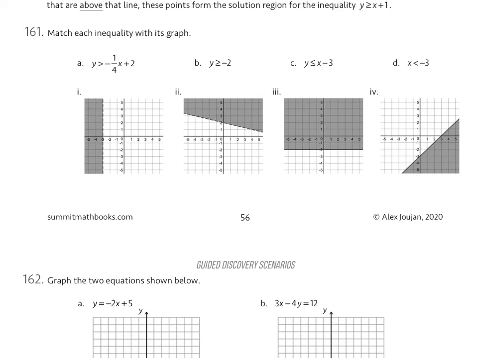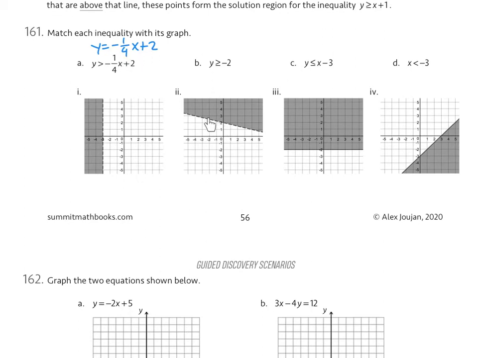161. Match each inequality with its graph. Part A. Y is greater than negative 1/4 x plus 2. Well, to think about this inequality, let's first think about the equation y equals negative 1/4 x plus 2. And then look for that boundary line. We need a y-intercept of positive 2 and a slope of negative 1/4.